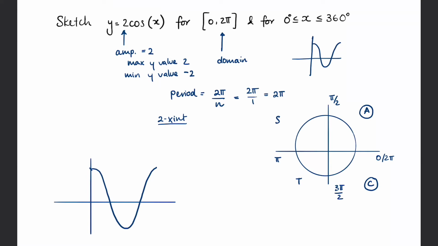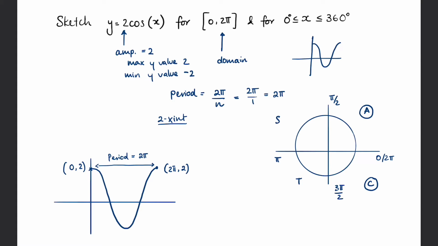So my y-intercept here will be (0, 2), and my ending value here will be (2 pi, 2). The reason for that is we know that the distance between the two peaks will be the period, and the period here is 2 pi.